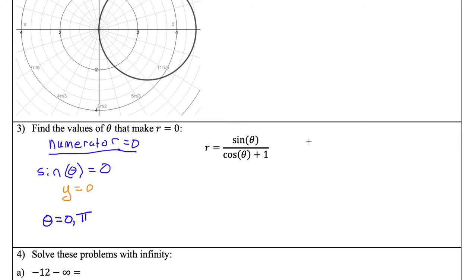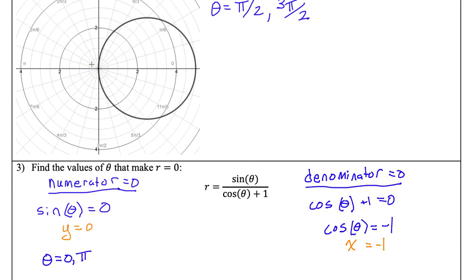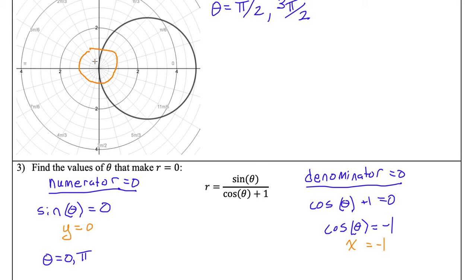Okay, over here, let's set the denominator equal to 0 to find all the bad values. So I'm going to set cosine of theta plus 1 is equal to 0, and therefore cosine of theta is equal to -1. So this is really asking, where do I have an x value that's equal to -1 on this unit circle?